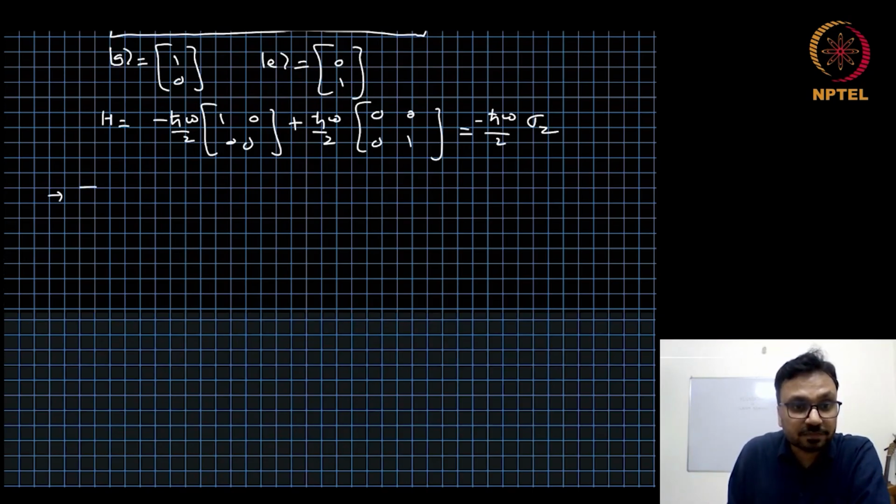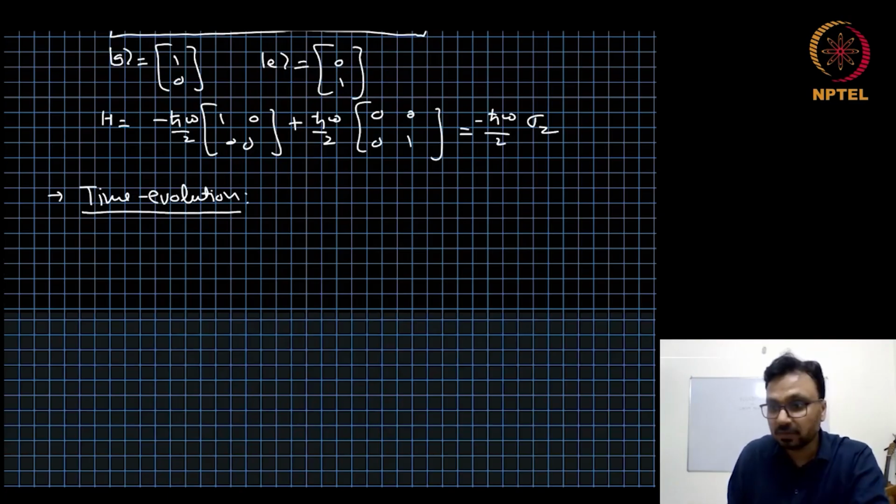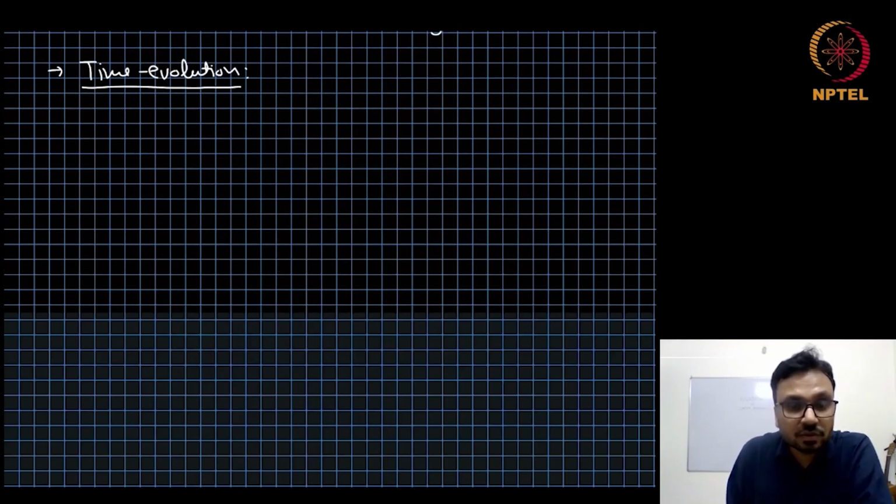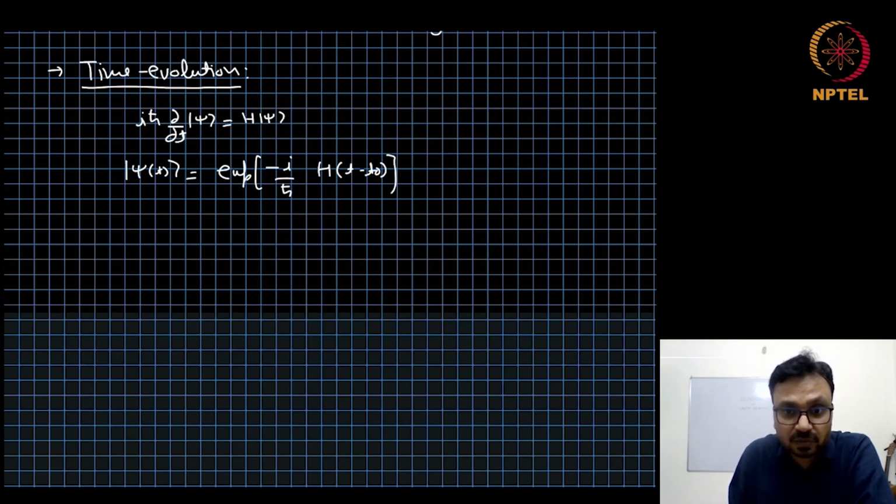Next is the time evolution. The Schrodinger equation does not change with the dimension, where H is the Hamiltonian, and if the Hamiltonian is time independent, then psi of t is exponential of minus i over h bar, H times (t minus t0), psi of t0.